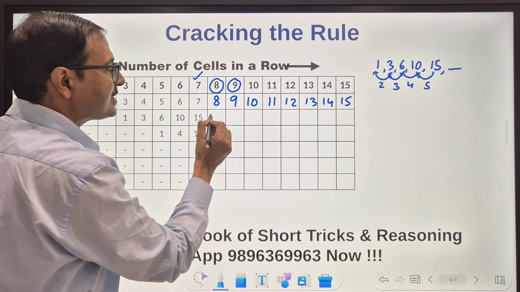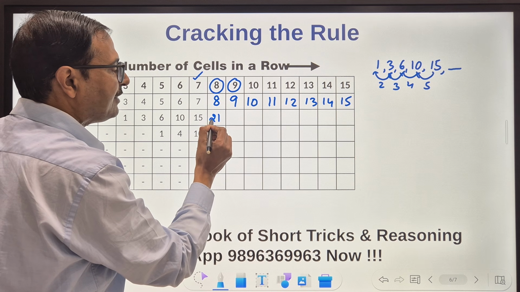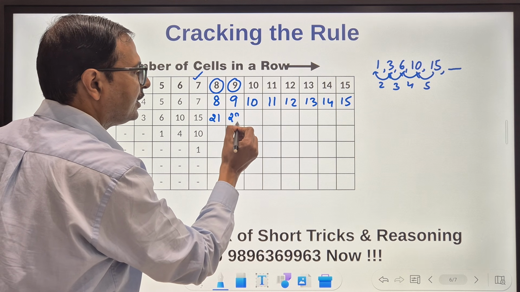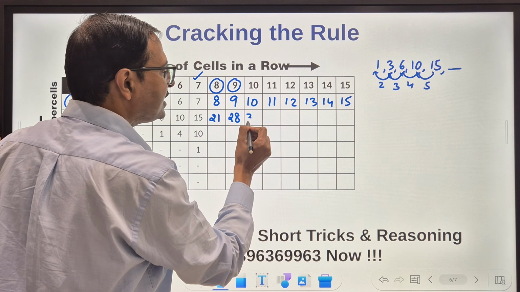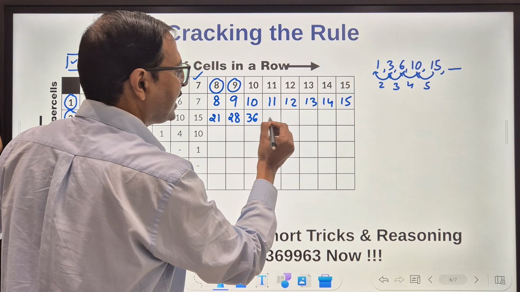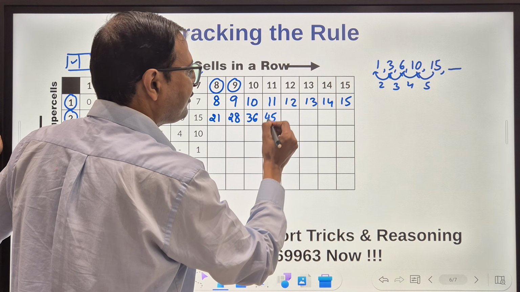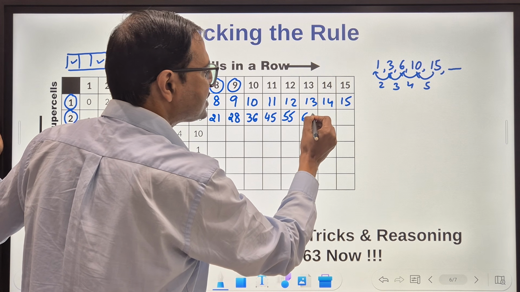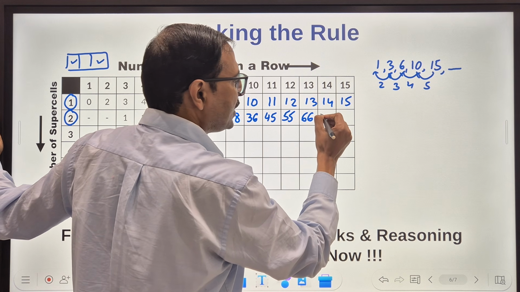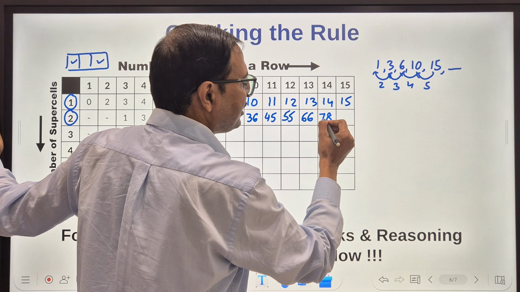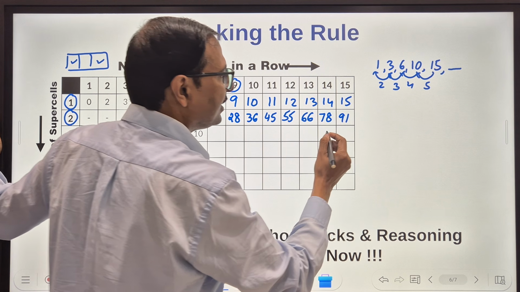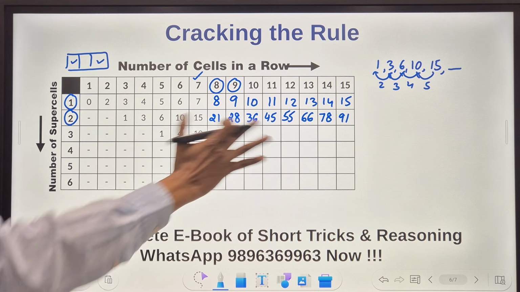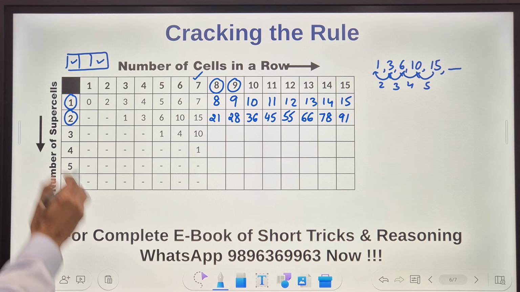So 15 plus 6, 21. 21 plus 7, 28. 28 plus 8, 36. 36 plus 9, 45. 45 plus 10, 55. 55 plus 11, 66. 66 plus 12, 78. 78 plus 13, 91. See how comfortably we are getting the number of ways for 2 supercells.